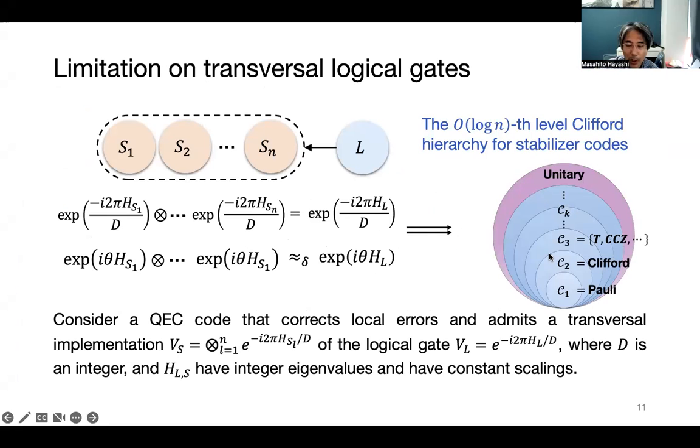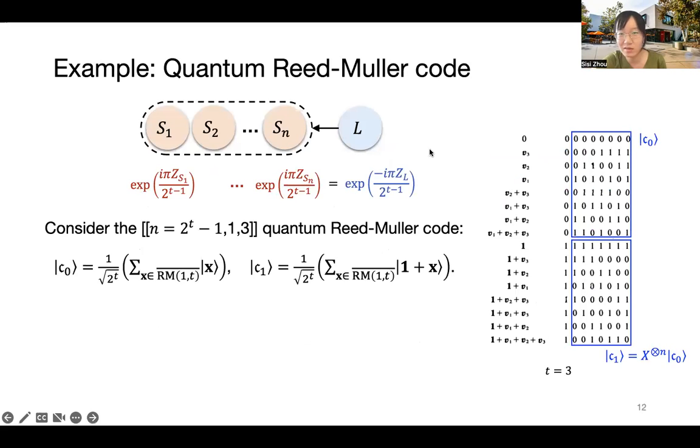Yeah, so basically one example is this quantum Reed code. And you can see that basically you are in each level of the Clifford hierarchy, if you can implement this.